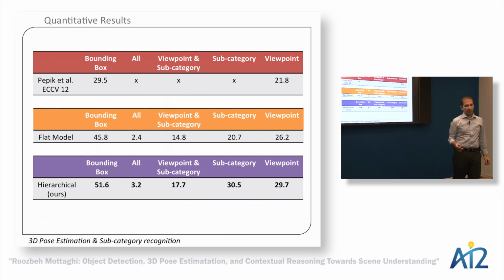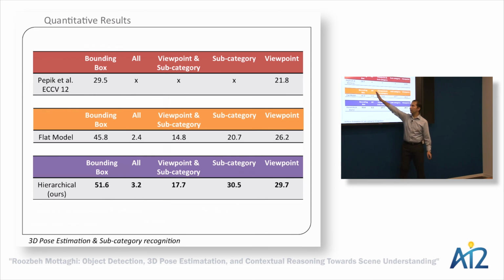In terms of quantitative results, this is the state of the art for pose estimation. We have 5 different types of evaluation. Bounding box just evaluates whether we have identified the bounding box correctly or not.